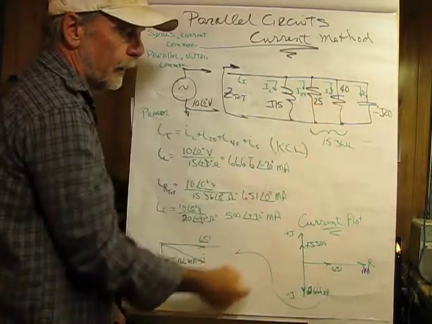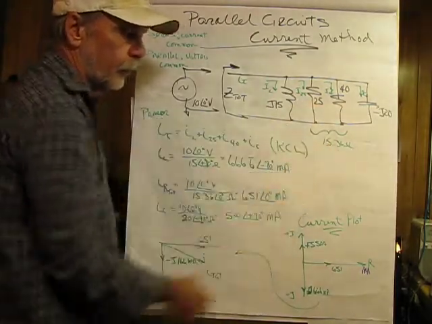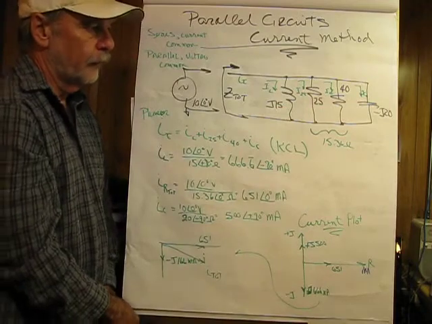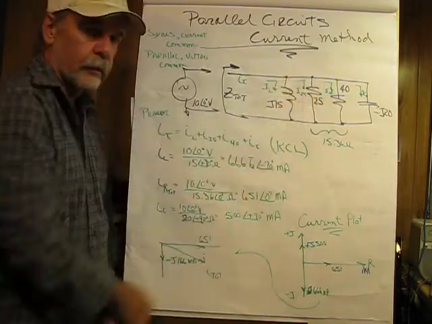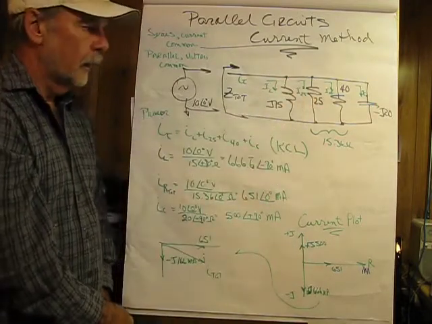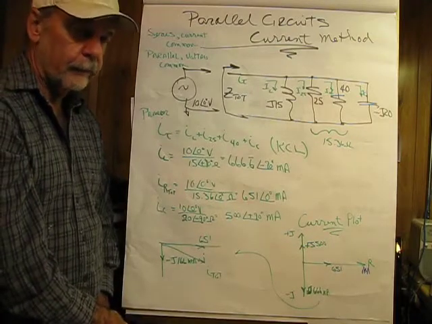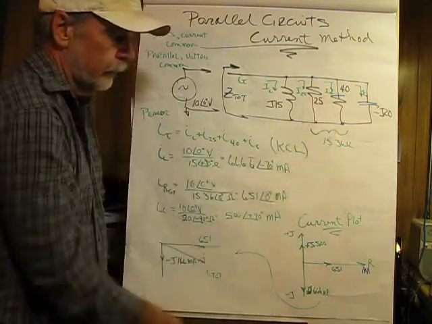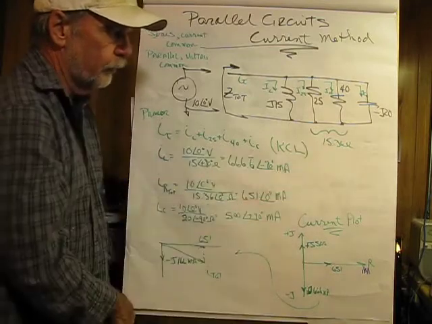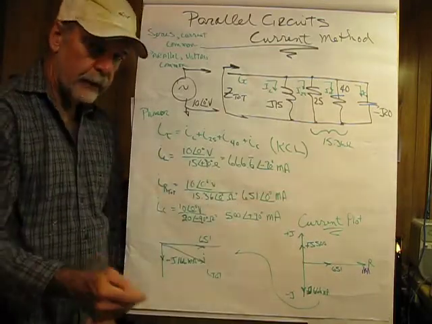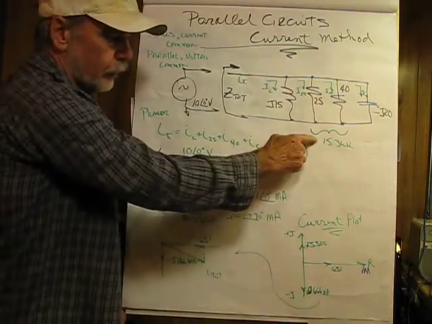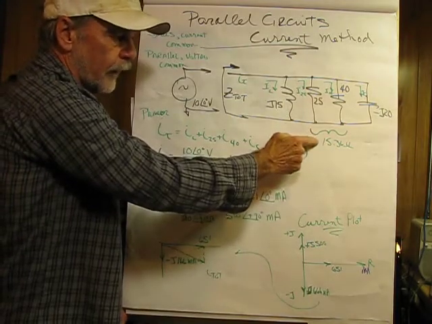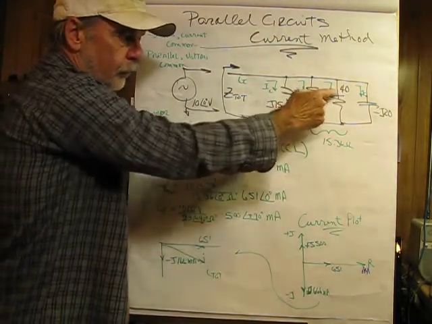Taking these two with product over sum gives me 15.36, and then later if I want to break out and find the individual currents, which I will do, it's a very simple matter to do that. So now I'm just going to lump these two together, and it's 15.36 ohms. The sanity check on this is that when resistors are in parallel, the value has to be lower than the lowest resistor.